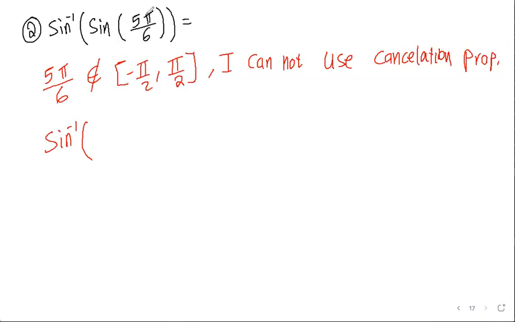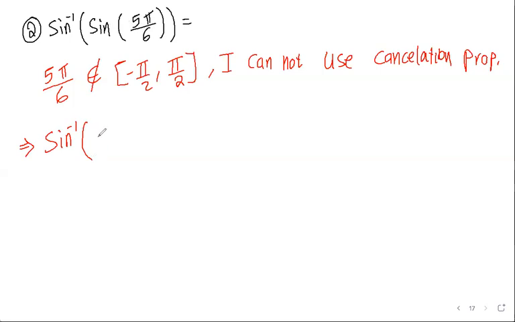What is the sine of 5 pi over 6? By using the previous section, we have to find the reference number for this one. The reference number is pi over 6, and it's in the second quadrant, so the sign is positive.